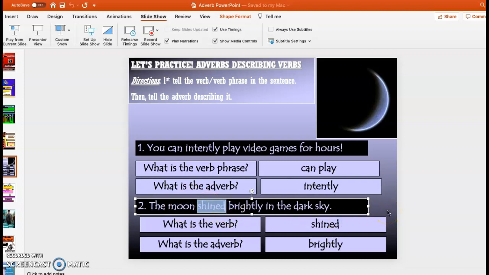So how is the moon shining is the question we ask ourselves. The moon is shining brightly. Brightly is describing the verb, describing how the moon is shining. And once again, we see that ly that helps us remember that it is an adverb.